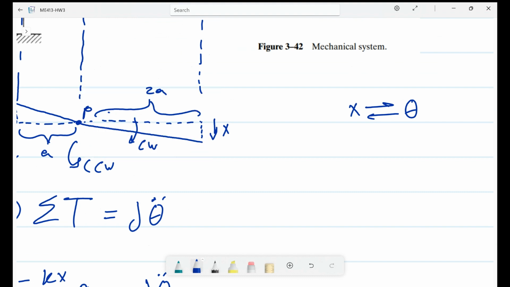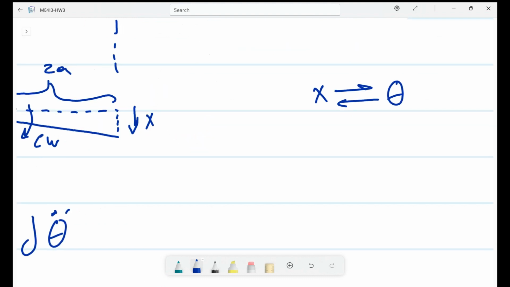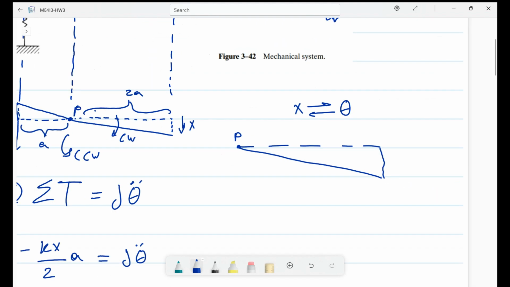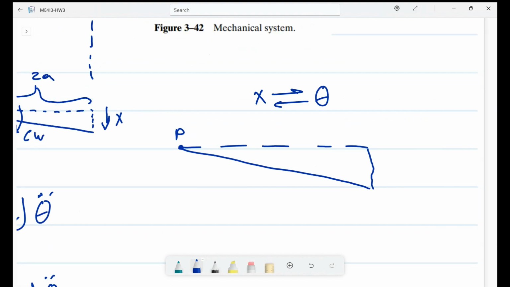We have half of the beam, we have b here, and we have our beam or rod, and here the distance moved by our rod, which is x.